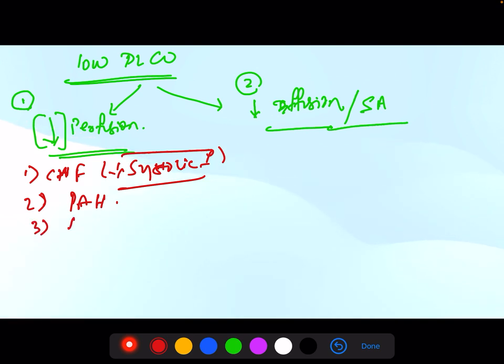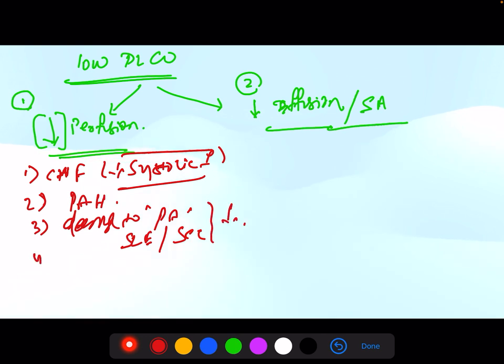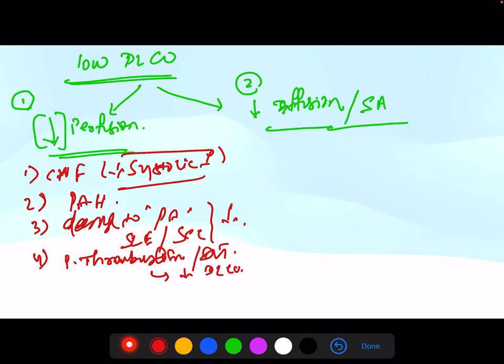In case of any damage to the pulmonary artery, for example in SLE or systemic sclerosis, DLCO is also reduced. Then pulmonary thromboembolism or DVT also lead to a decrease in DLCO. These all factors contribute to decreased DLCO due to reduction in perfusion.